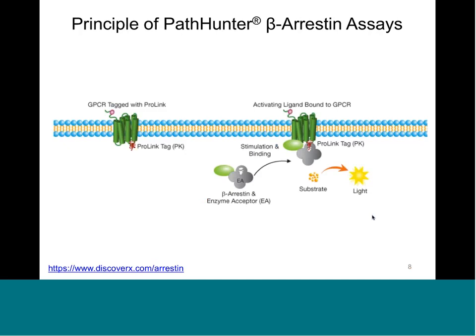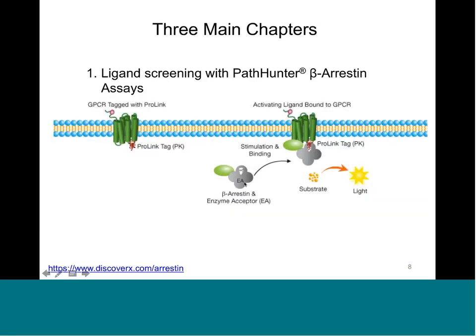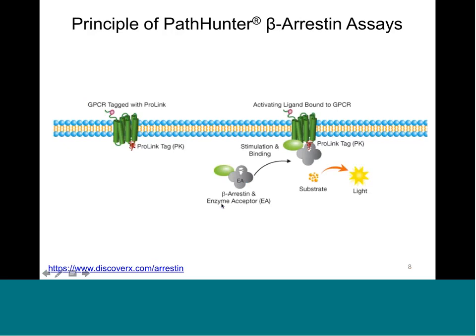So you have your GPCR of interest that you fuse to a small portion, which is actually a portion of the beta-galactosidase that is called here in this case ProLink tag. On the other side, you have beta-arrestin, which is fused to the remaining part of the beta-galactosidase, which is here called the enzyme acceptor.